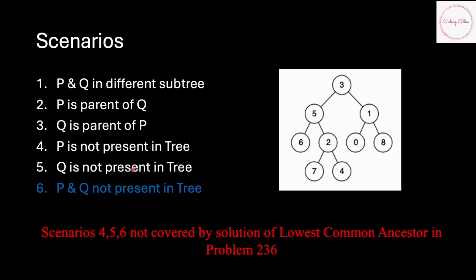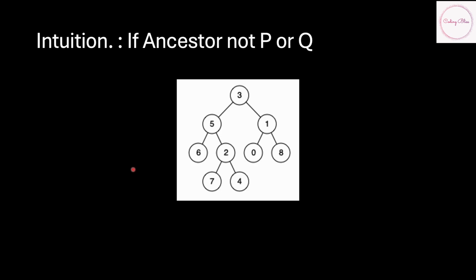Now, let's try to build an intuition here. Let's take this case with the current solution. Assume that you are looking for 2 nodes, 5 and 0. I'll make it very simple.